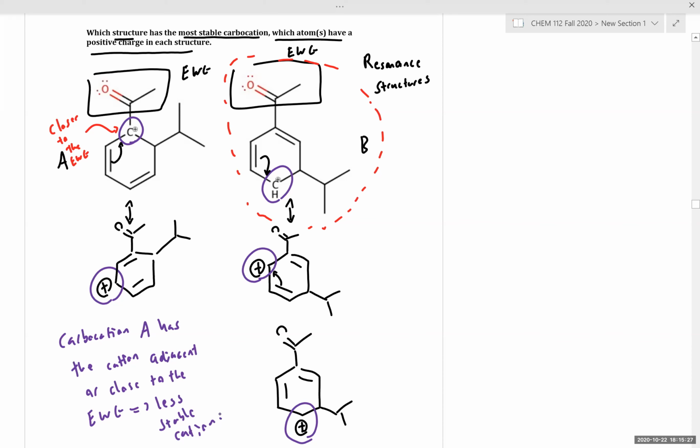So as your classmate originally noted, because the carbocation in structure A is closer to the electron withdrawing group, which cation is lower in energy then, A or B? Which cation is more stable?